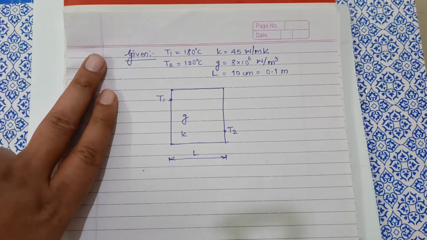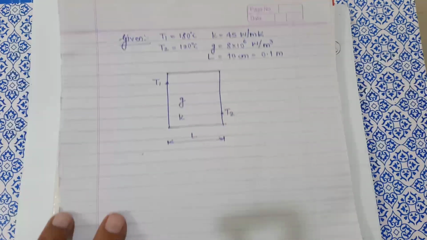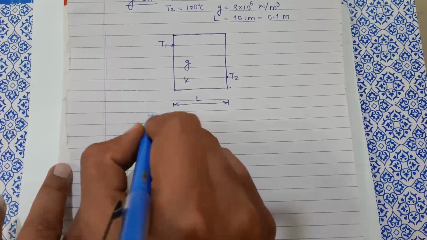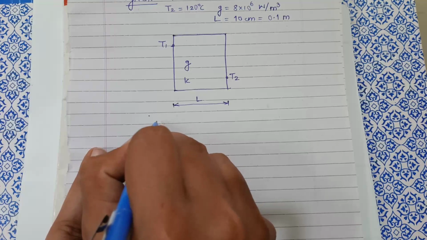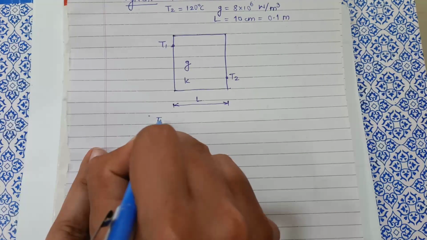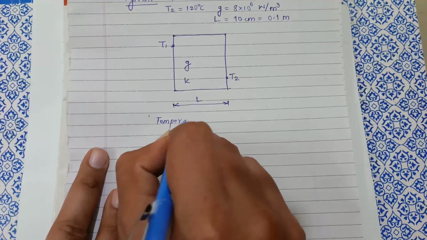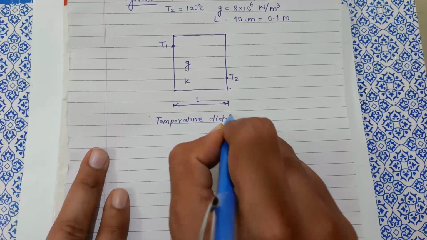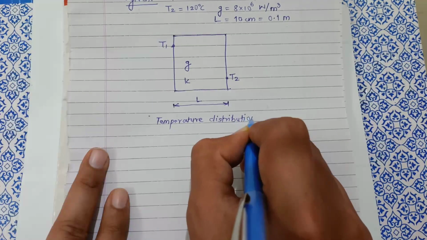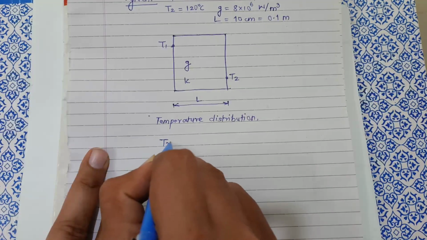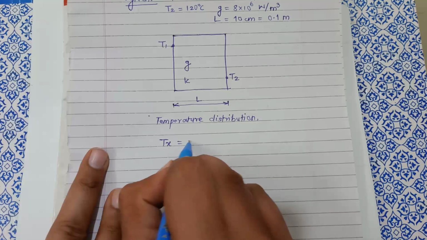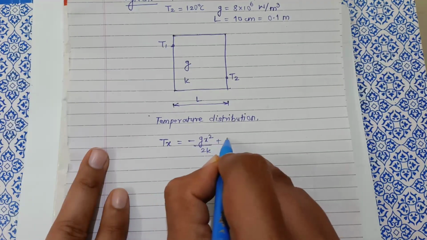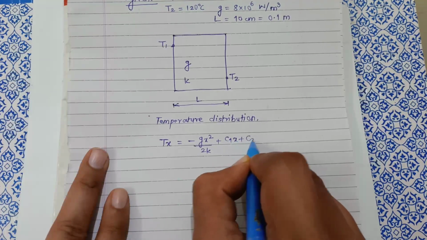So now we will understand how to approach this problem. We already know the expression for temperature distribution in the wall, so firstly we will try to solve that. The temperature distribution in the wall is given as Tx equals minus Gx square upon 2k plus C1x plus C2.